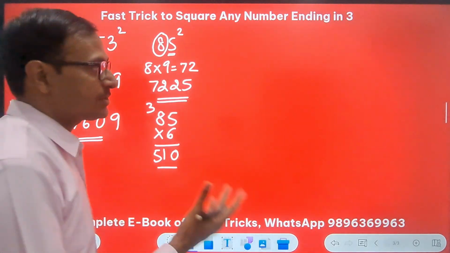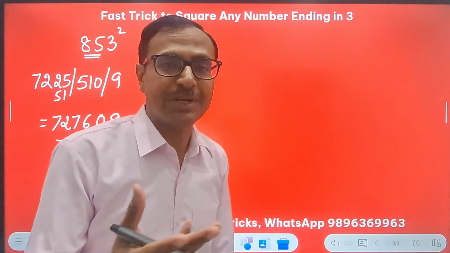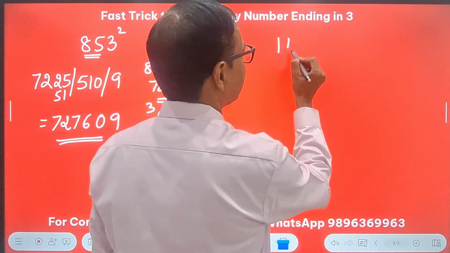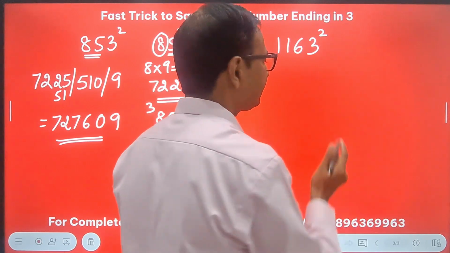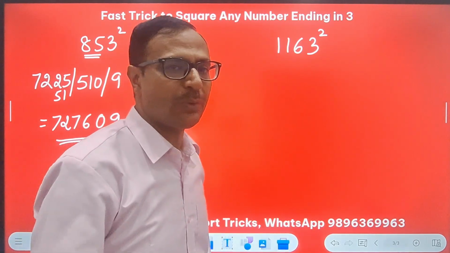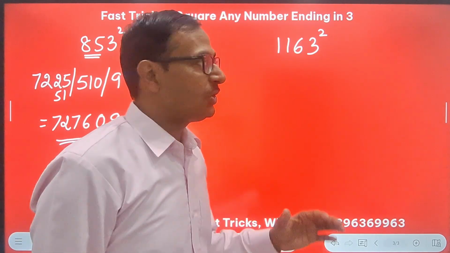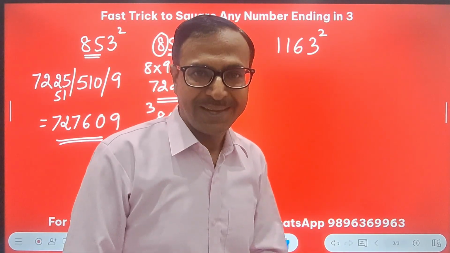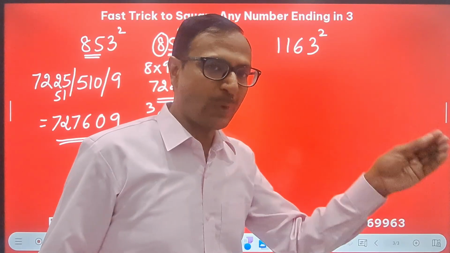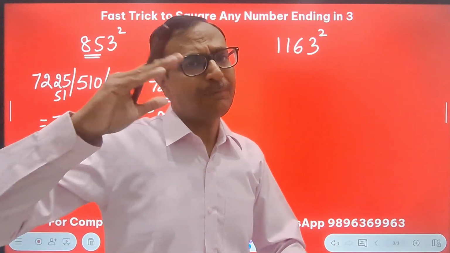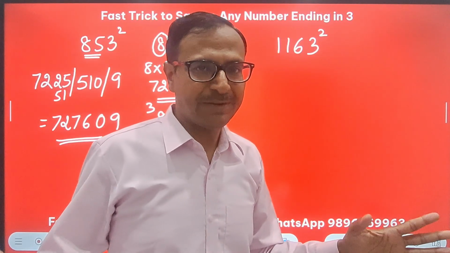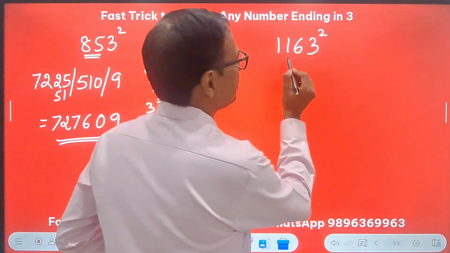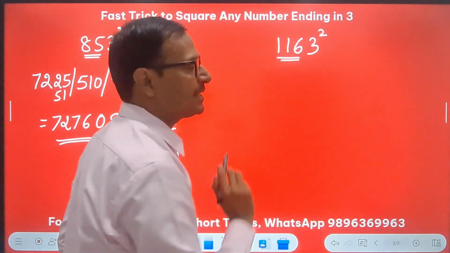I can extrapolate this to even 4-digit numbers. Let's take 1163 square. So I am taking different examples so that you can actually practice this using 2-digit, 3-digit, 4-digit, even 6-digit numbers. And if you have basic knowledge of squaring of 2-digit, 3-digit numbers, then 4 and 5-digit numbers will not be a tough job. Let's see this one. So apart from the 3, we have 116.